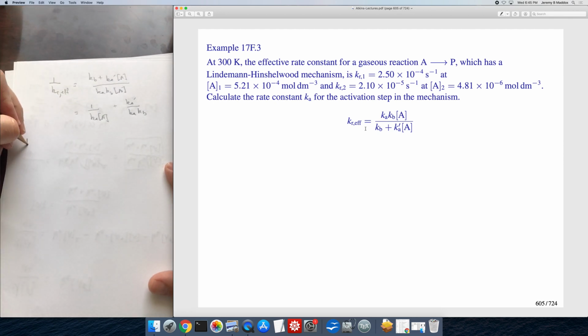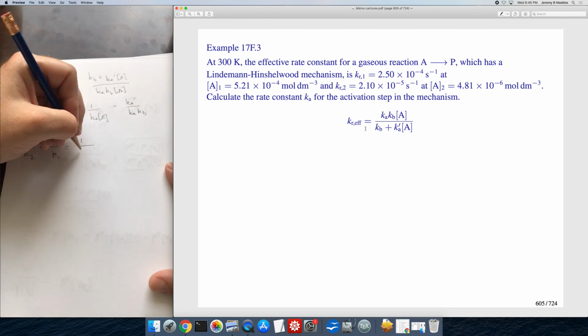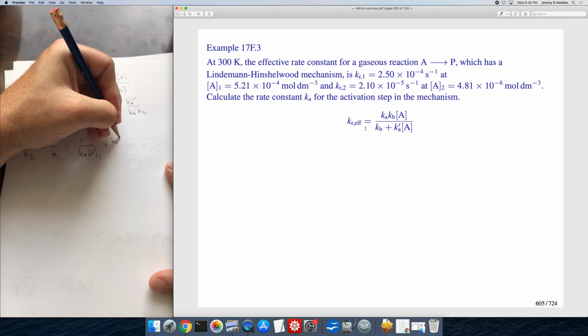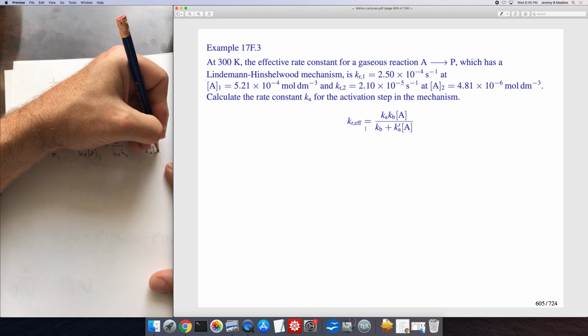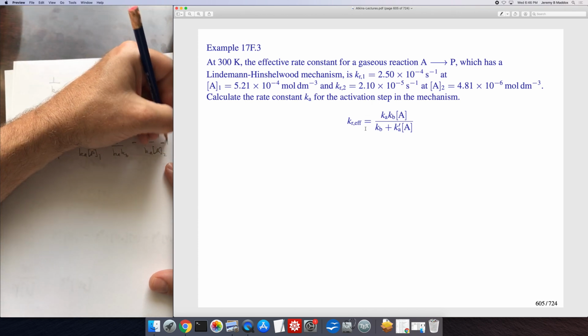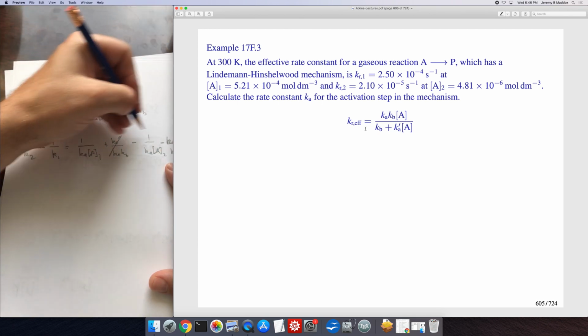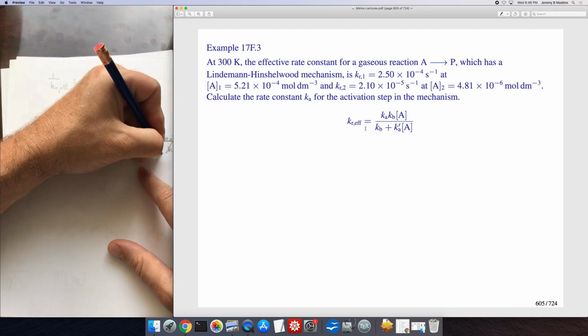And now if you take 1 over k2 minus 1 over k1, you're going to wind up with 1 over Ka A2 plus Ka prime over Ka Kb, minus 1 over Ka A1 minus Ka prime over Ka Kb. These two terms cancel out, and so by combining the effective rate constants, looks like I did it backwards, it should be k2 minus k1, so 2 and then 1.